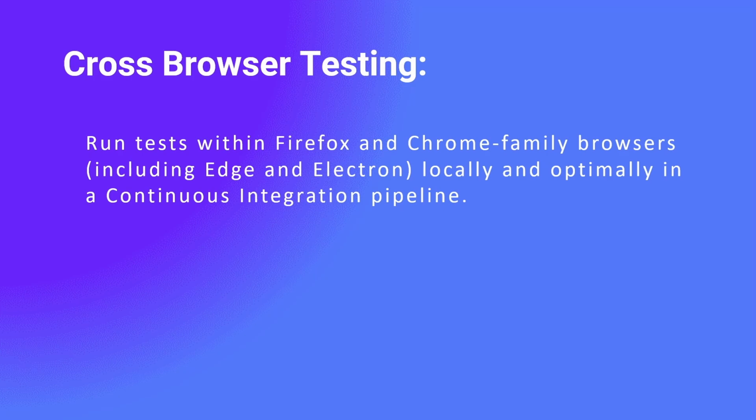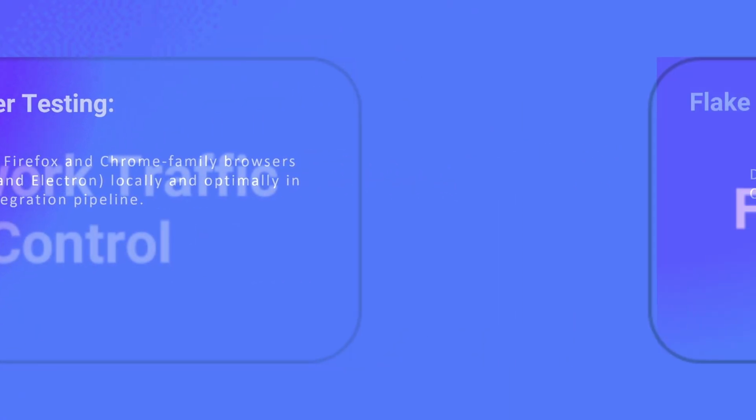Once the test is done, you can change the browser also. Otherwise, in the command line, you can mention that you want to perform the test on a particular browser. You can also do this. By default, Electron will be added in Cypress, and Chrome and other browsers should be installed in our local system. Then only we can test on multiple browsers in Cypress.